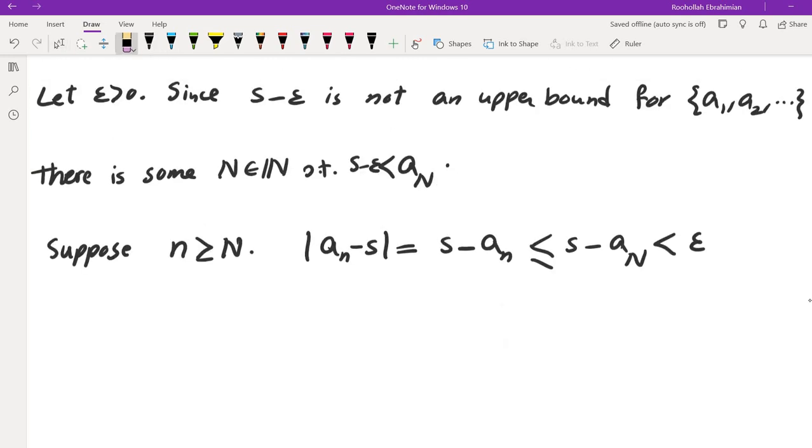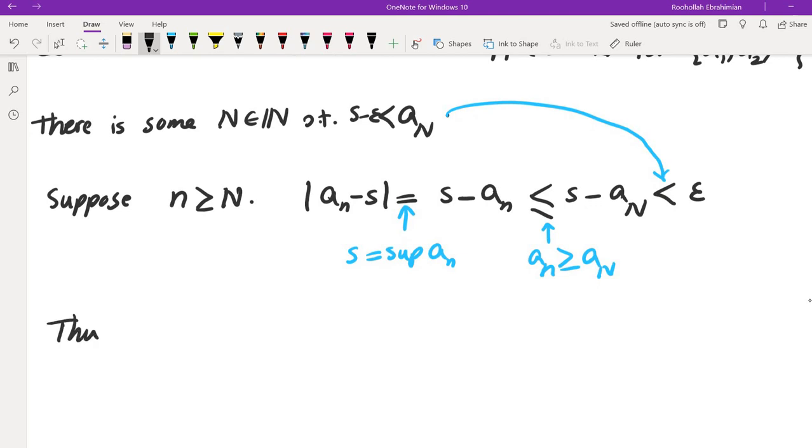So I'm going to write down the reasoning here. This is because S is the supremum of the A_n. This one is because A_n is greater than or equal to A_N because it is increasing, and this one follows from here.